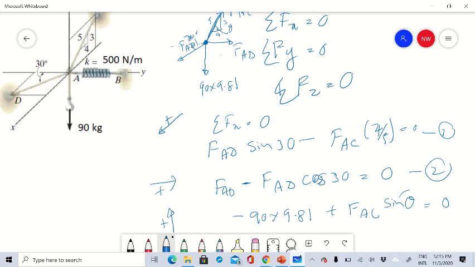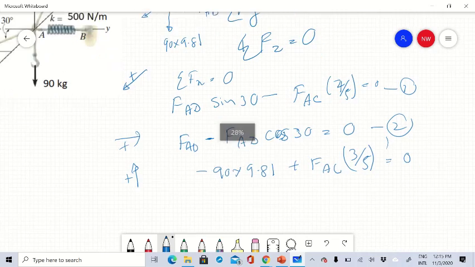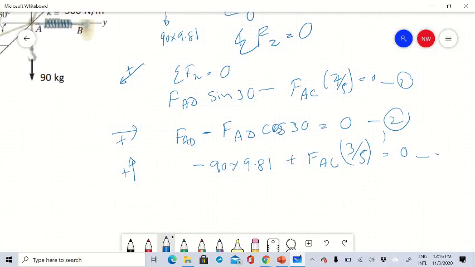We know sine theta is equal to 3 over 5, right. So I can say FAC times 3 over 5 is equal to 0, right. So this is my third equation, right.